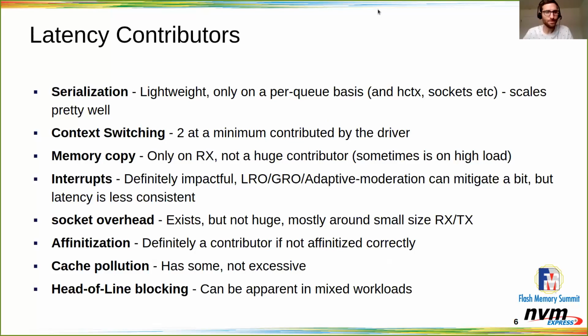It exists, but it's really not huge. It's pretty fast given that sockets are pretty uncontended in a multi-queue interface. But with small I/O, it could make an impact. Affinitization between interrupts, applications, and I/O threads can definitely have an impact if not configured correctly, and we'll touch more on that.